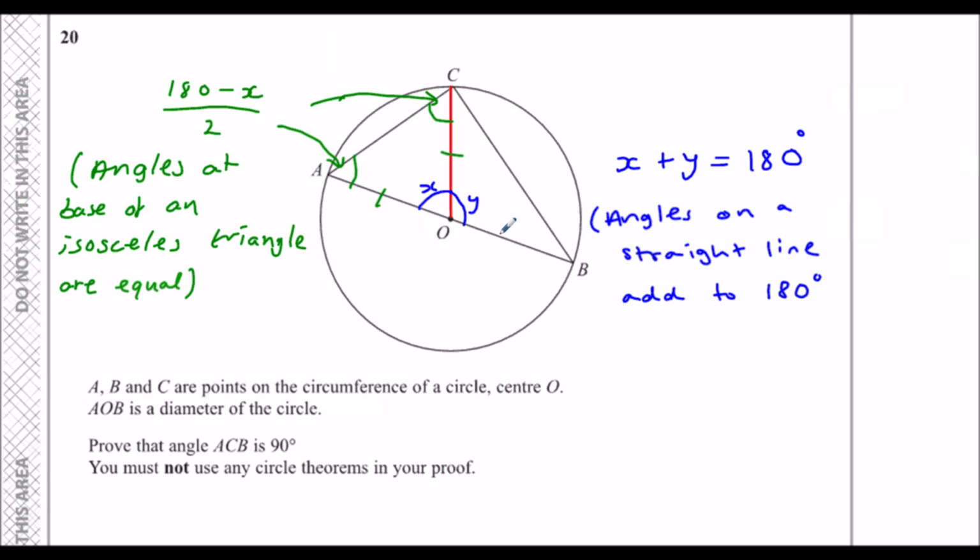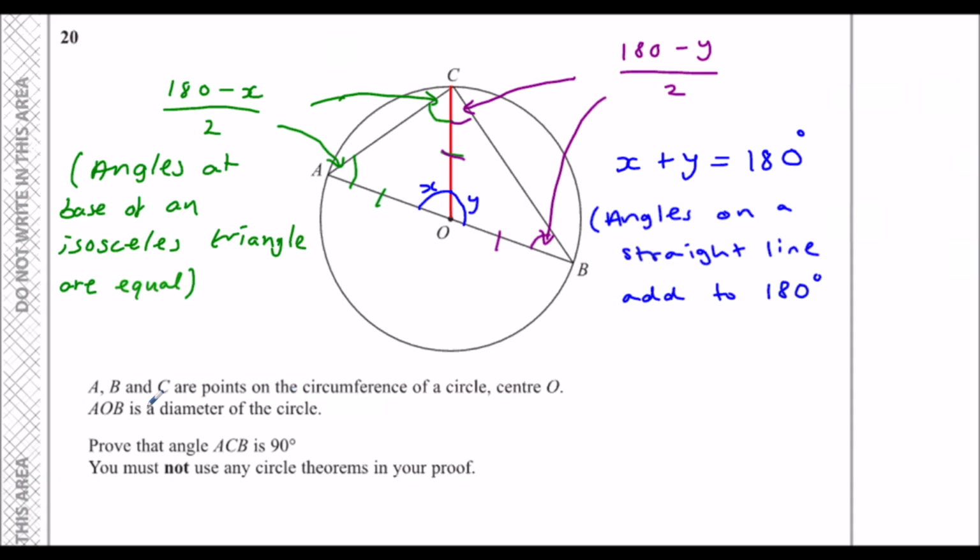So we've got another isosceles triangle over here. These are all radiuses, that's why it's isosceles. So the two angles at the base of this triangle have to be 180 take away y over 2. So that's 180 take away y over 2. And this is 180 take away x over 2.